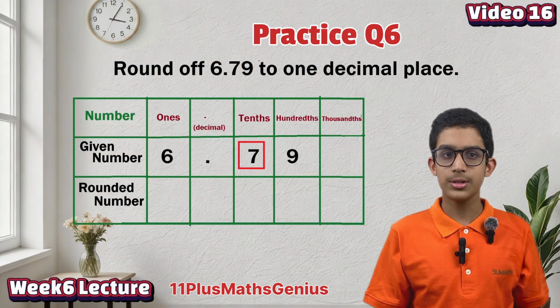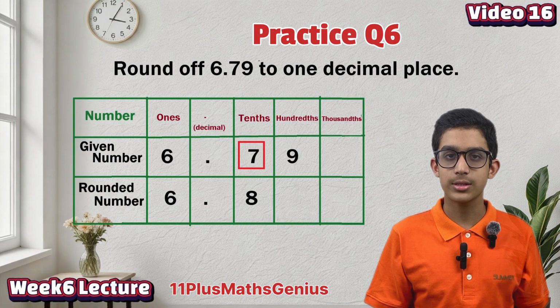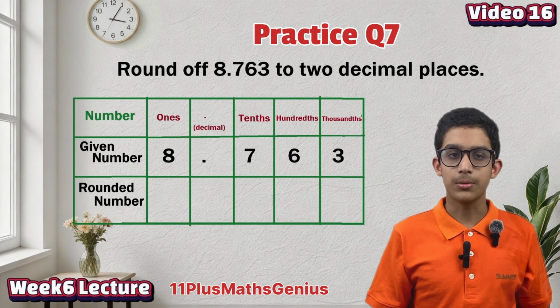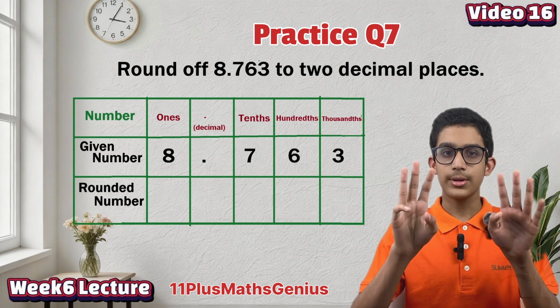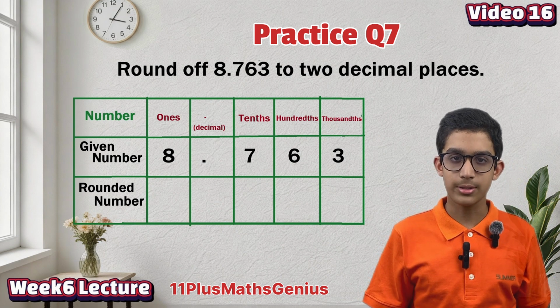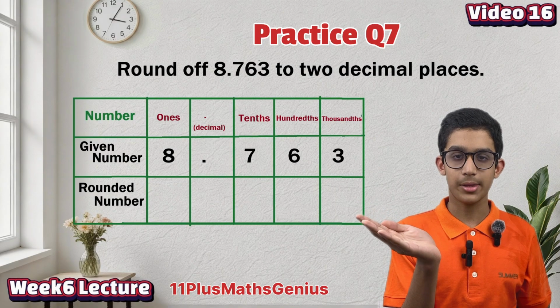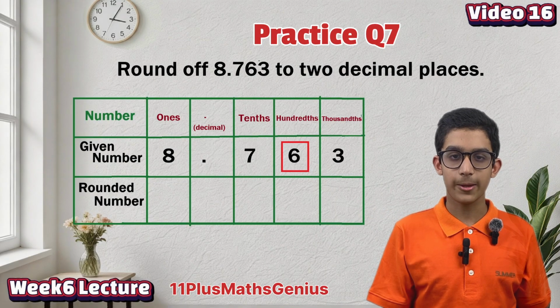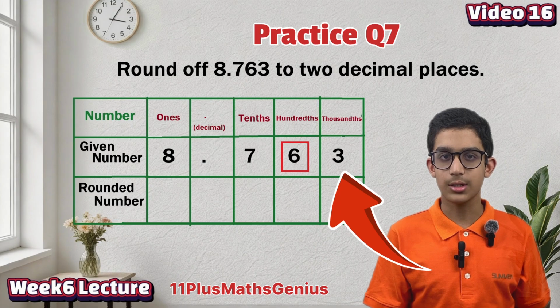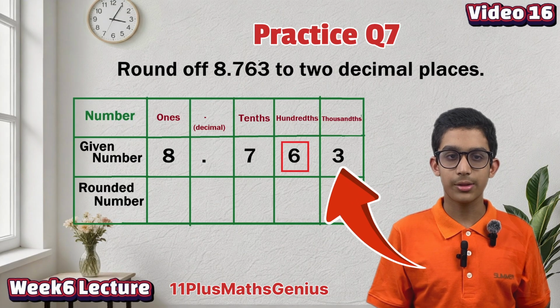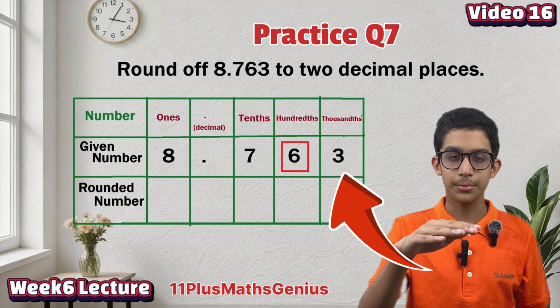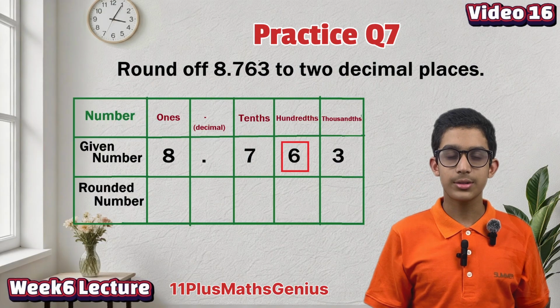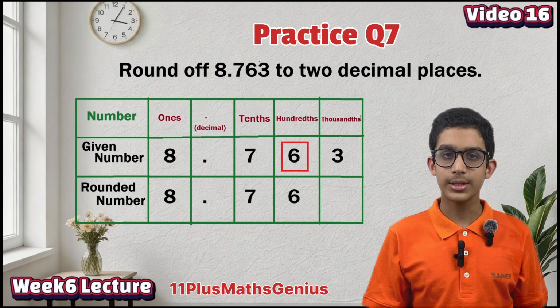So the rounded number is 6.8. Practice question 7. Round off 8.763 to 2 decimal places. Here, the 2 decimal place value is 6, and its next digit is 3. Since 3 is less than 5, 4 or less, we do not change 6, so the answer is 8.76.